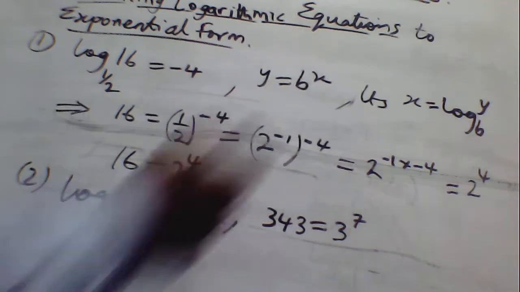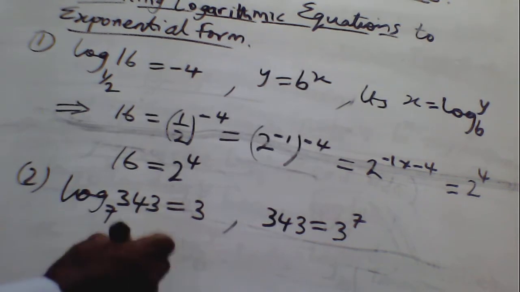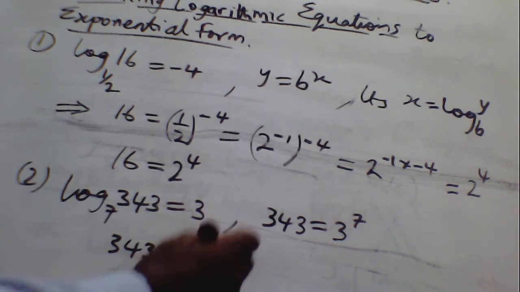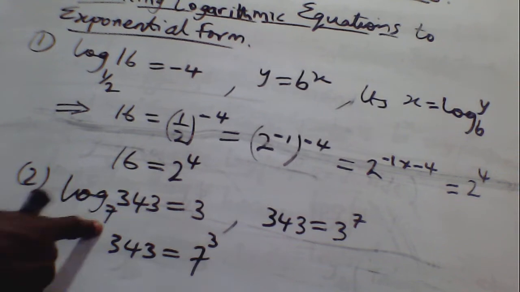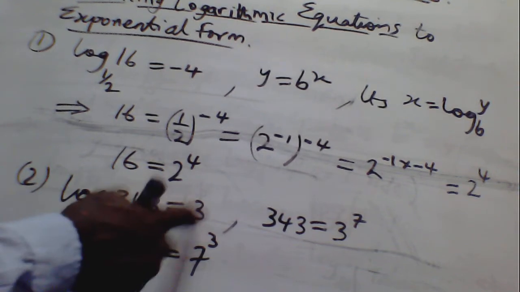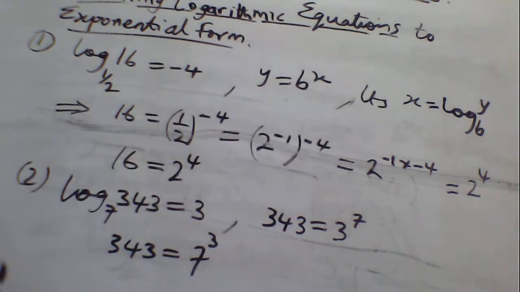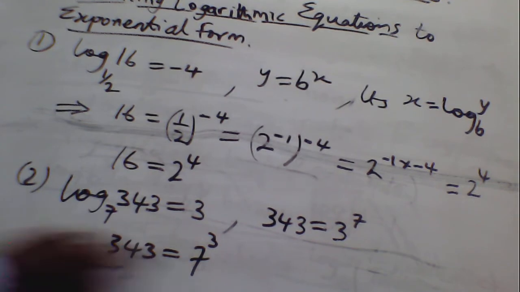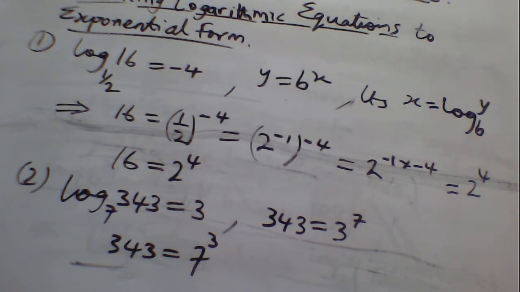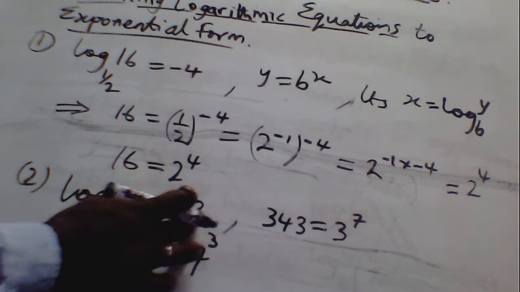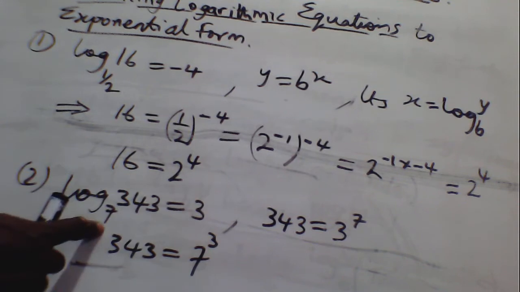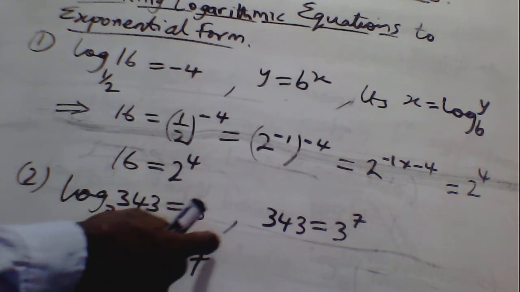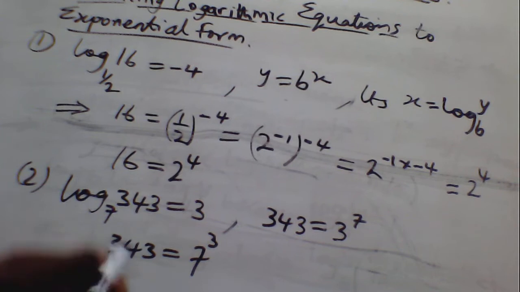So you apply this rule: 343 is equal to 7 to the exponent of 3. Raise the base to the exponent of 3. That is all. Always raise the base to the exponent of whatever is here.